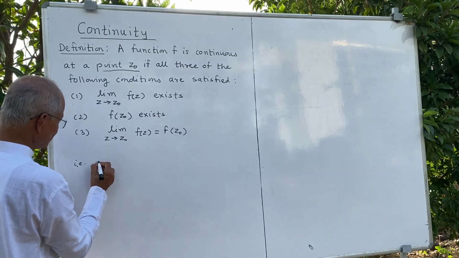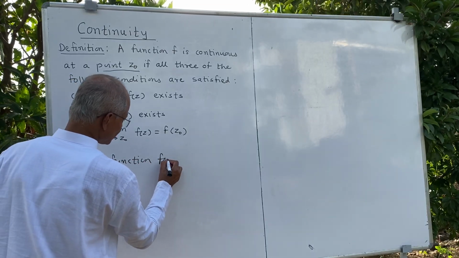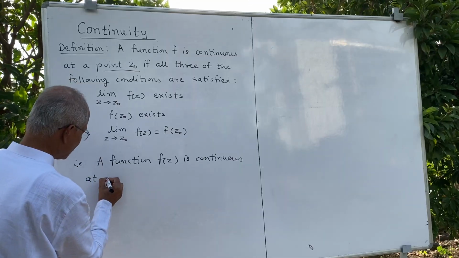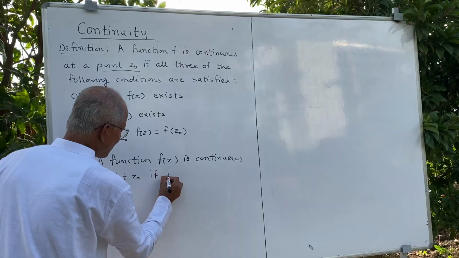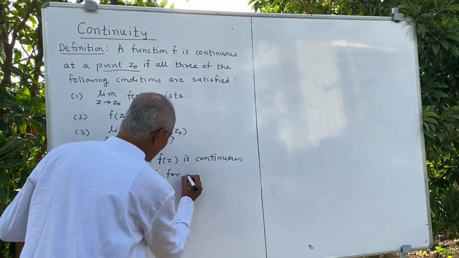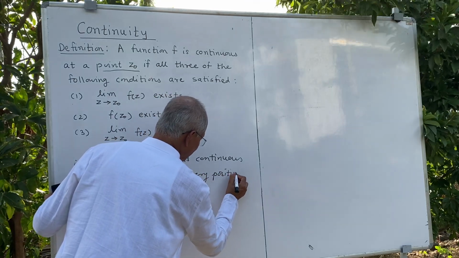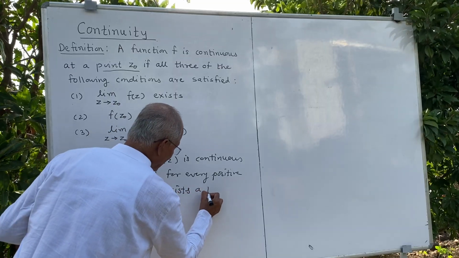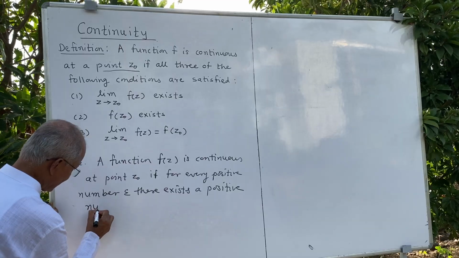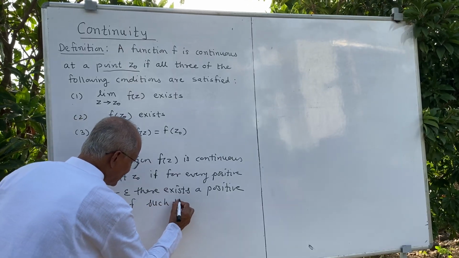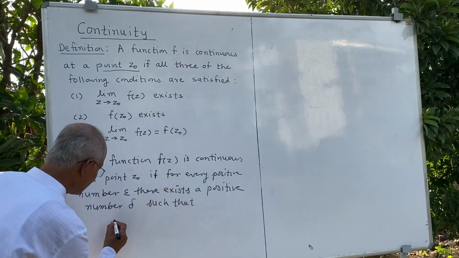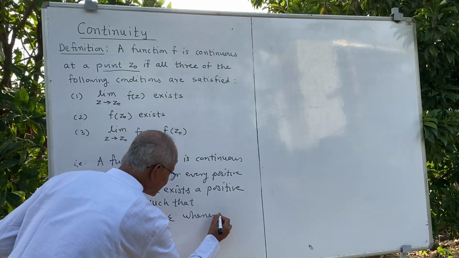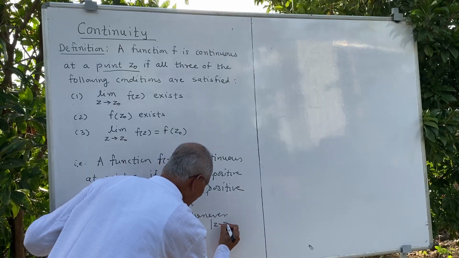A function f of z is continuous at a point z naught if for every positive number epsilon there exists a positive number delta such that the absolute value of f of z minus f of z naught is less than epsilon whenever z approaches z naught and the absolute value of z minus z naught is less than delta.